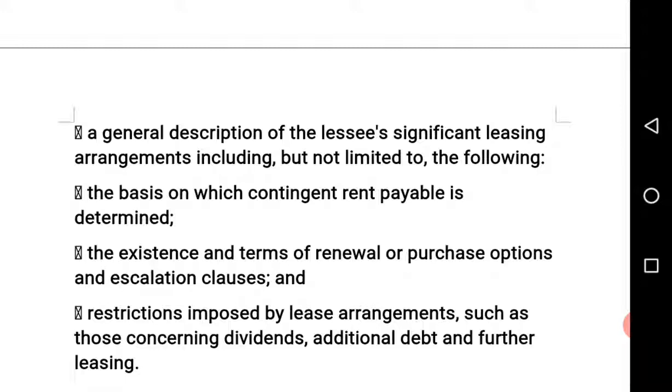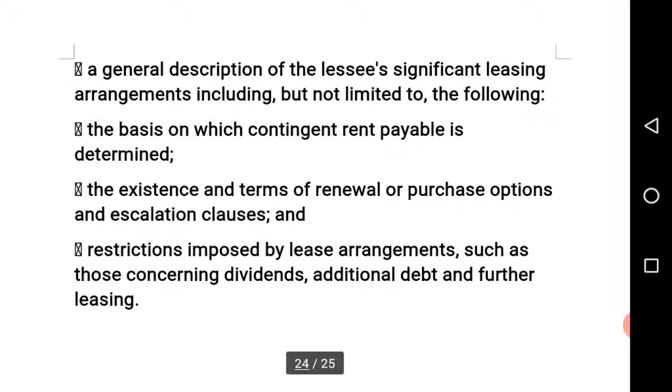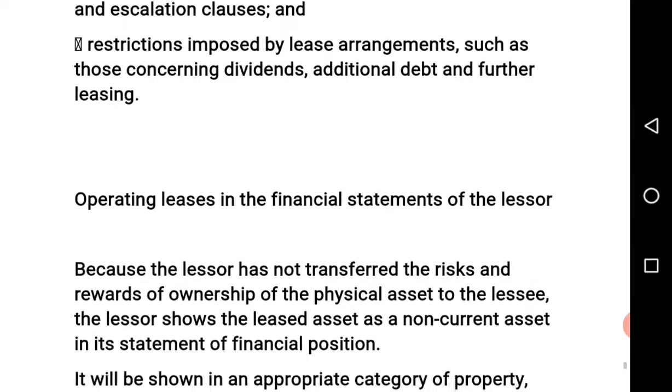First, the basis on which the contingent rent payable is determined. Second, the existence and terms of renewal or purchase options and escalation clauses. And finally, restrictions imposed by lease arrangements, such as those concerning dividends, additional debts, and further leasing.